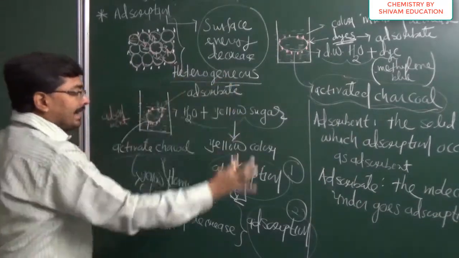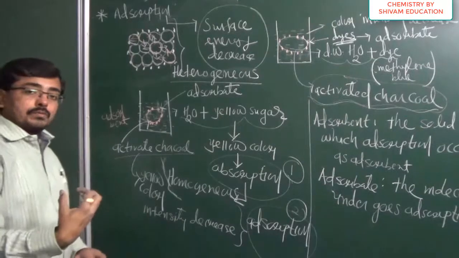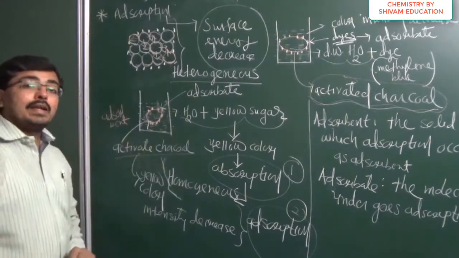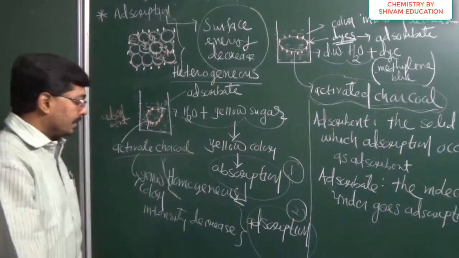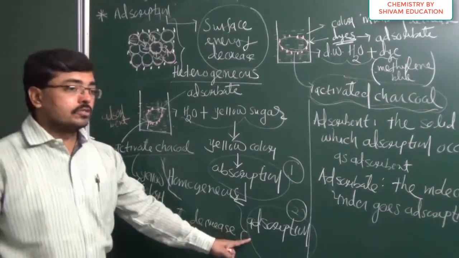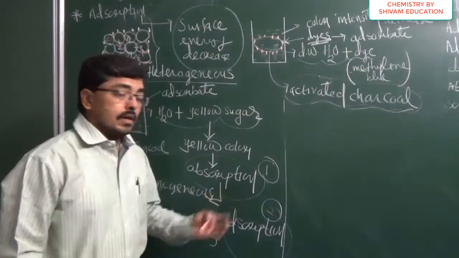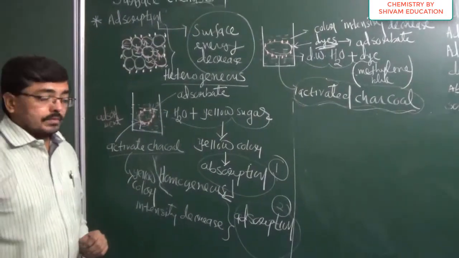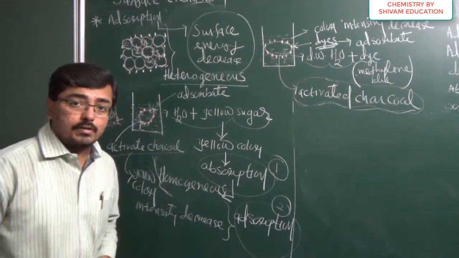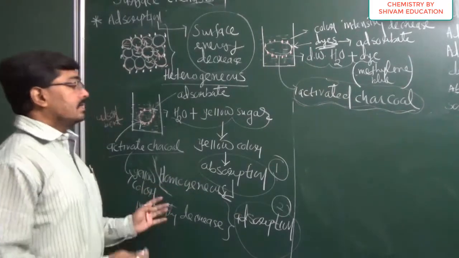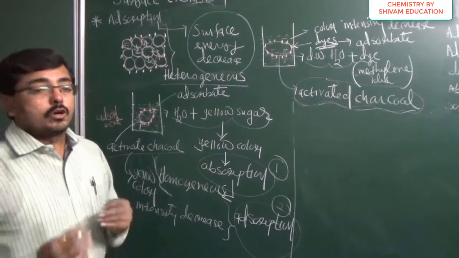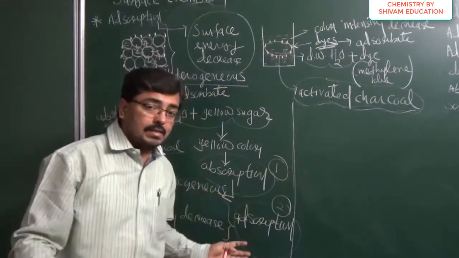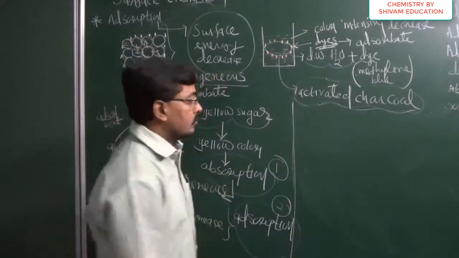And this entire phenomenon in which the yellow color intensity decreases due to adding of activated charcoal is considered as adsorption. Now here we observe that adsorption and absorption occur one by one. So whenever adsorption and absorption occur simultaneously, then it is considered as sorption.